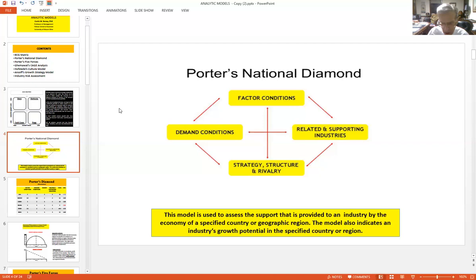And finally, Porter put strategy, structure, and rivalry. Frankly, the most important term here to me is rivalry, but Porter included the strategy of companies in your industry and the industry's structure, both of which are going to affect the amount of rivalry that exists.